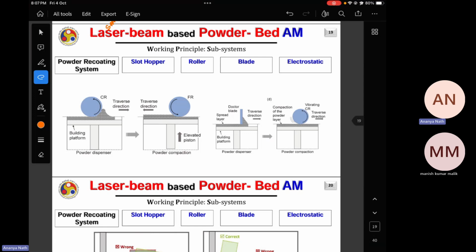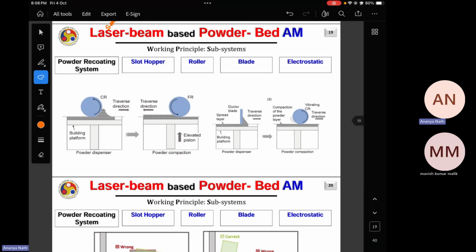But for example, EOS has its own design for each part. EOS is not capable of putting the Aerosint multi-material recoating system in its machine. So they take help from another company to print multi-material in their own machine.